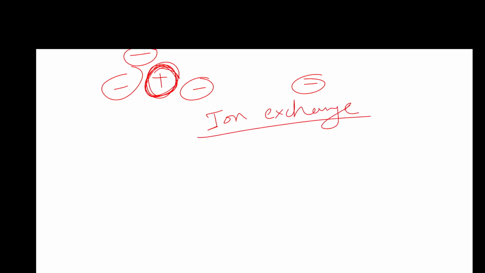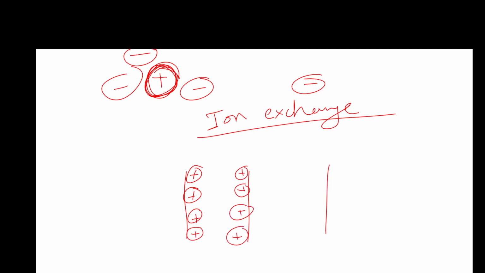Here, what happens is you allow your protein mixture to pass through a column which has a matrix which is charged. In the column your matrix is either positively charged, or the matrix could be negatively charged.